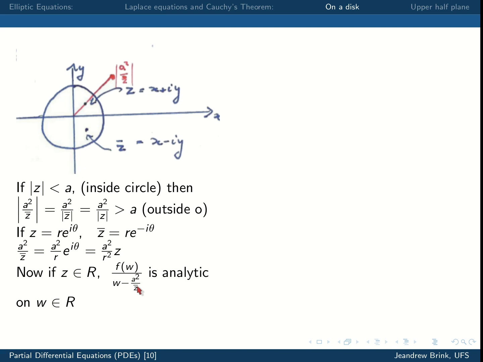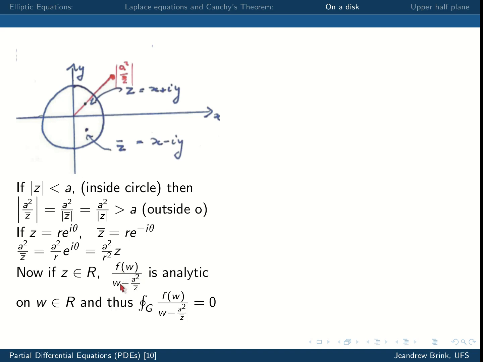Since a squared over z bar lies outside the disk, and w lies inside the disk, this thing is never zero, and therefore this function is analytic because f of w is analytic. Okay.